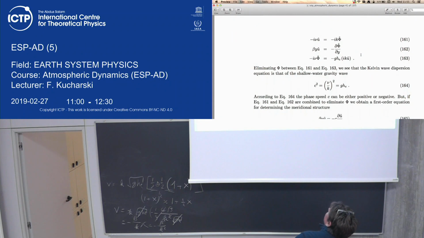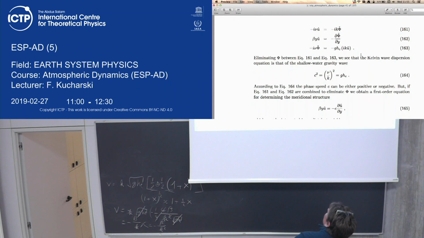Which is just this. So if you eliminate now the phi field between this equation and this equation, you insert this here, then you can see already that it must fulfill a gravity wave. So we get c squared is equal, of course, to omega squared over k squared, and that has to be g times h.